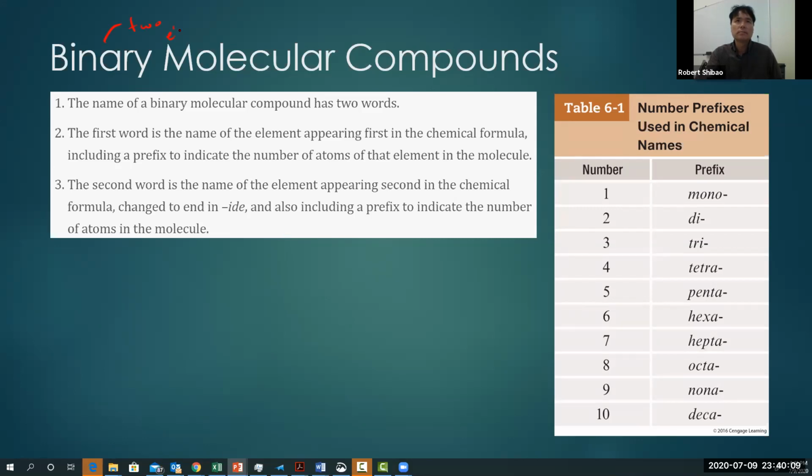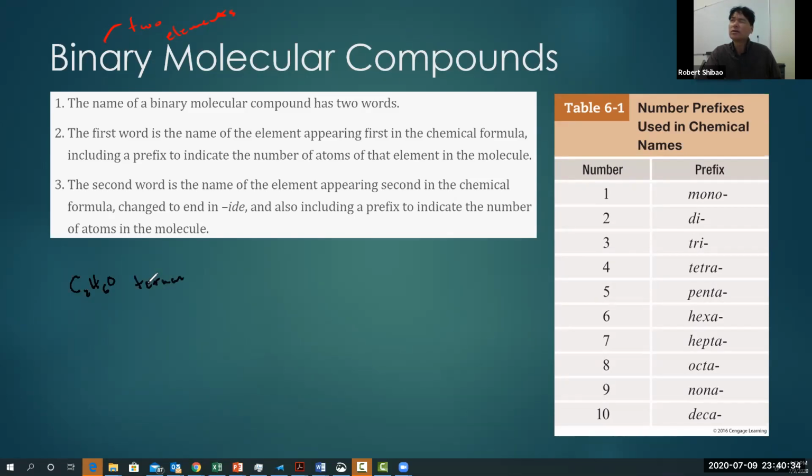Two element. Then it's easy. So, for example, this is not binary. This is ternary.